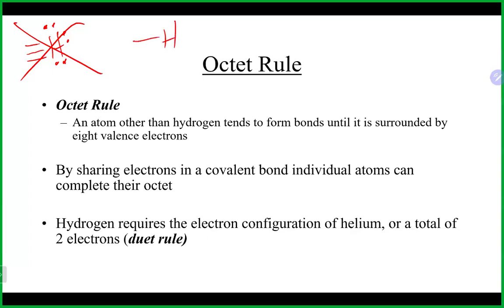It also means that when we draw Lewis structures for covalent bonding, hydrogen should never, ever be in the middle, because if it's in the middle, it's definitely going to have more than one bond. So hydrogen always has to be on the outside, attached with one bond. By the way, the hydrogen rule is sometimes referred to as the duet rule, meaning that it only needs 2 electrons to be happy.